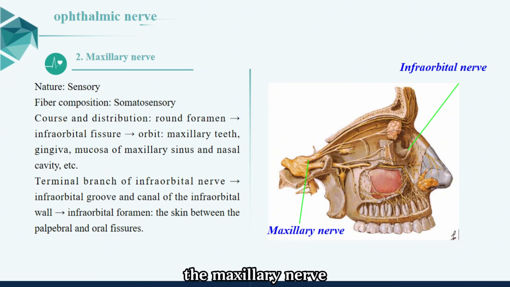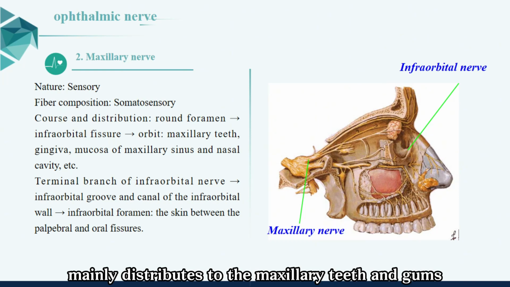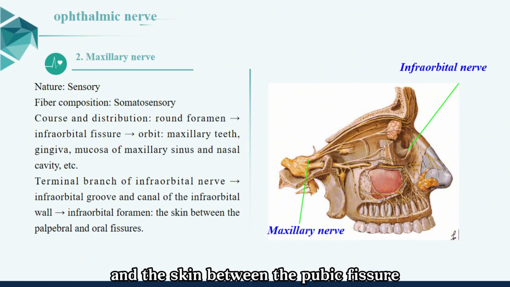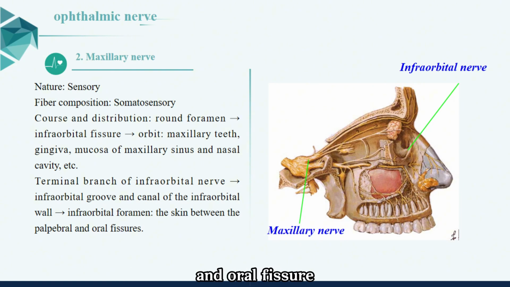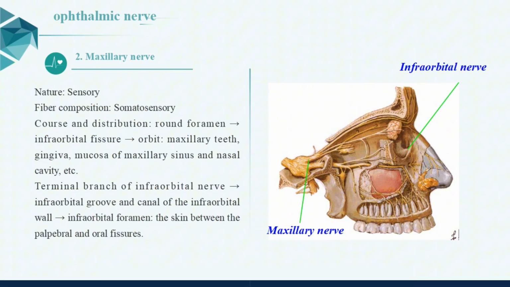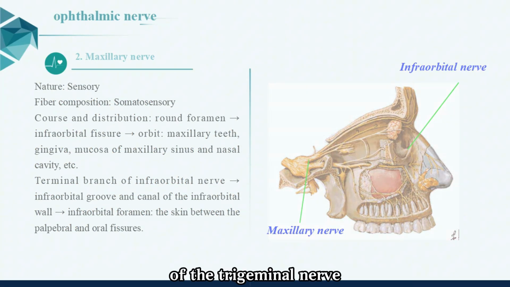The maxillary nerve mainly distributes to the maxillary teeth and gums, mucosa of the roof of the mouth, nasal cavity, and maxillary sinus, part of the dura mater, and the skin between the palpebral fissure and oral fissure, receiving sensation from these areas.